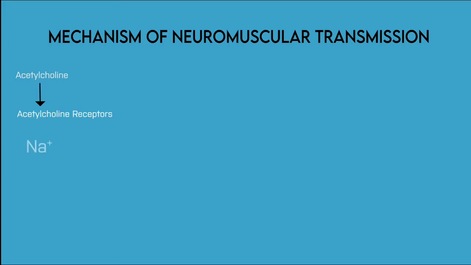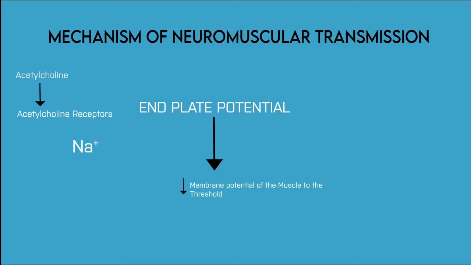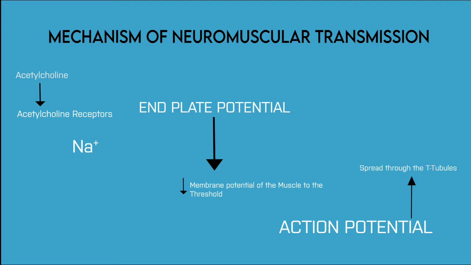And this causes sodium influx, which produces an end plate potential, and this decreases the membrane potential of the muscle to the threshold levels, and this would result in the production of an action potential. The action potential that is generated in the muscle will spread through the T tubules to various parts of the muscle and would finally result in excitation contraction coupling, causing the contraction of the muscle.